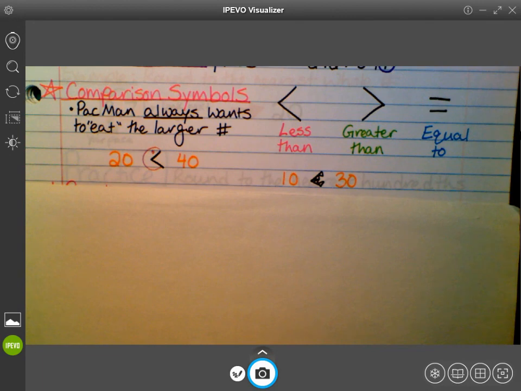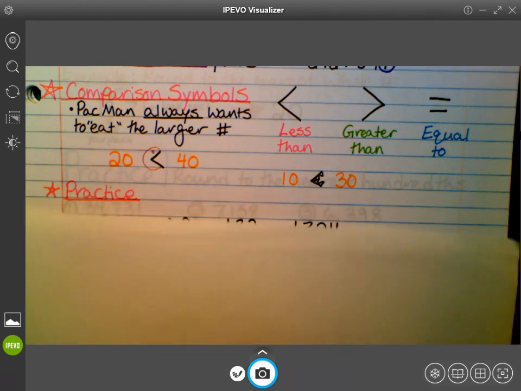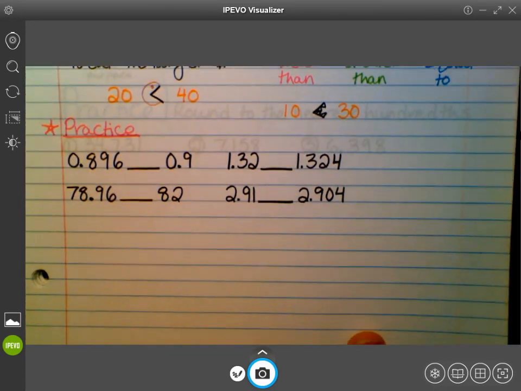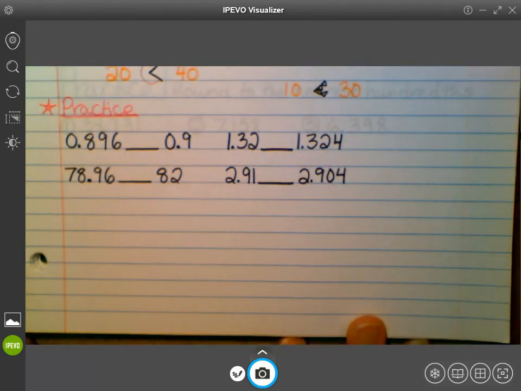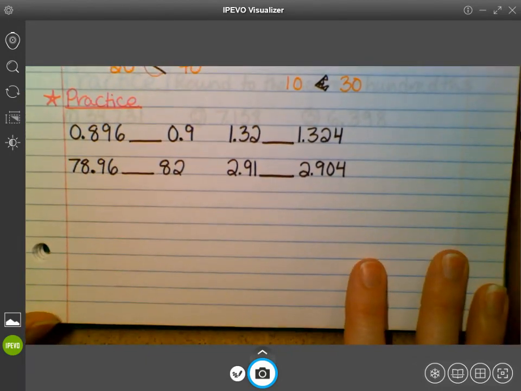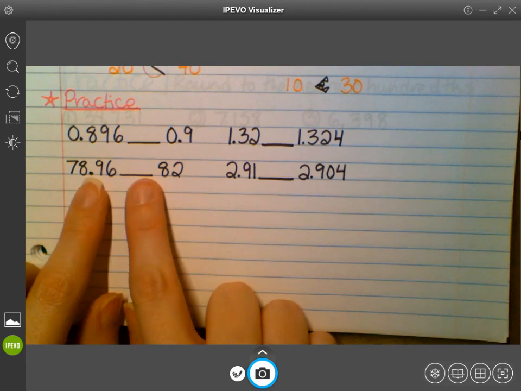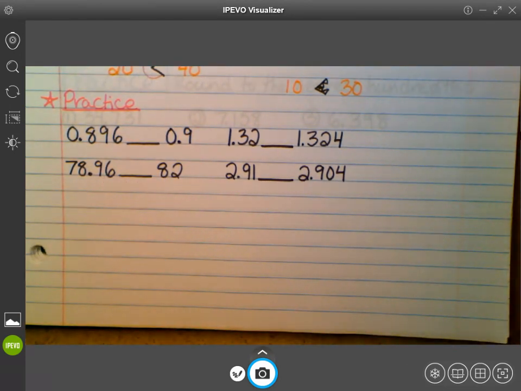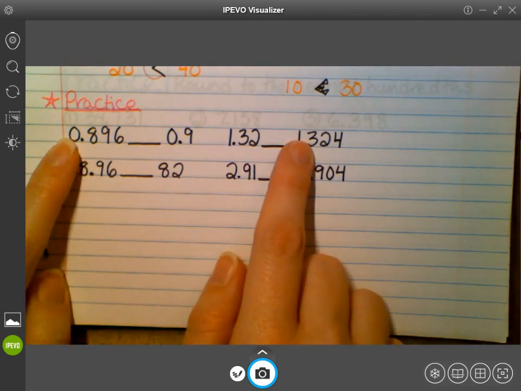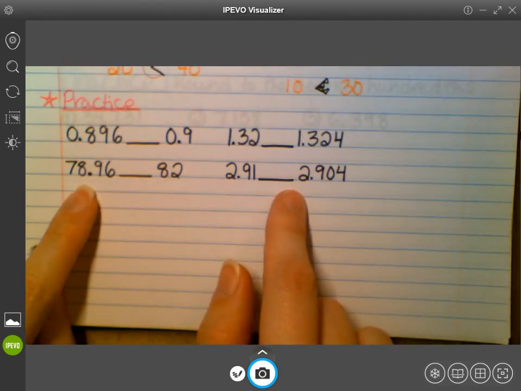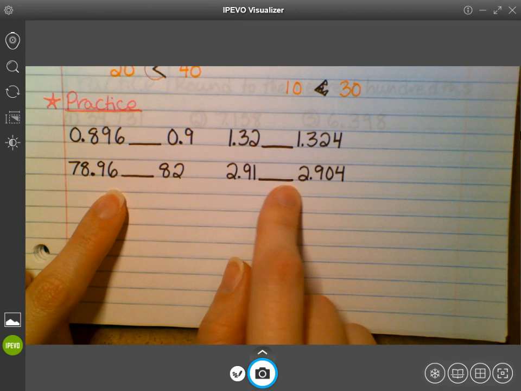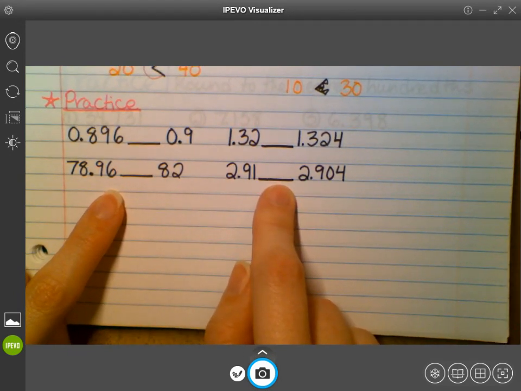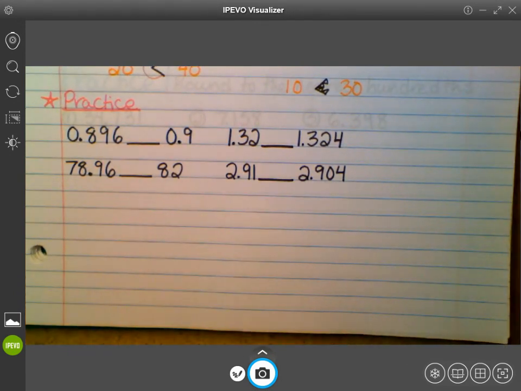Great question, Yosius. Okay, now we have practice, and we have 4 practice problems here. All that you need is enough space, you only need 2 lines. 1 line to put these 2 on, 1 line to put these 2 on, and then put a space like I did, and that's where you're going to write the comparison symbol that fits.